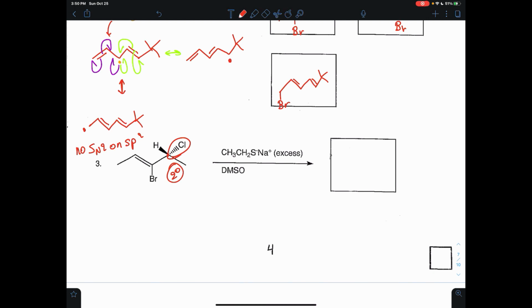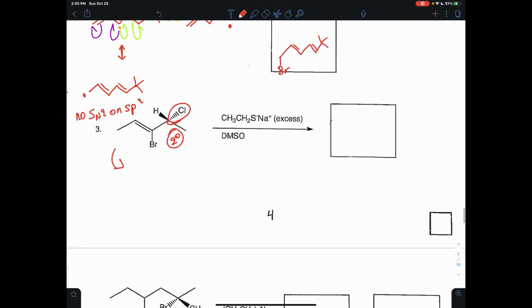So what's going to happen is, I'm just going to draw the mechanism here. You're not supposed to draw the mechanism in this section of the test, but just for the sake of learning, I'm going to draw it out. This negatively charged sulfur is going to attack from the bottom and kick off this chlorine, right?